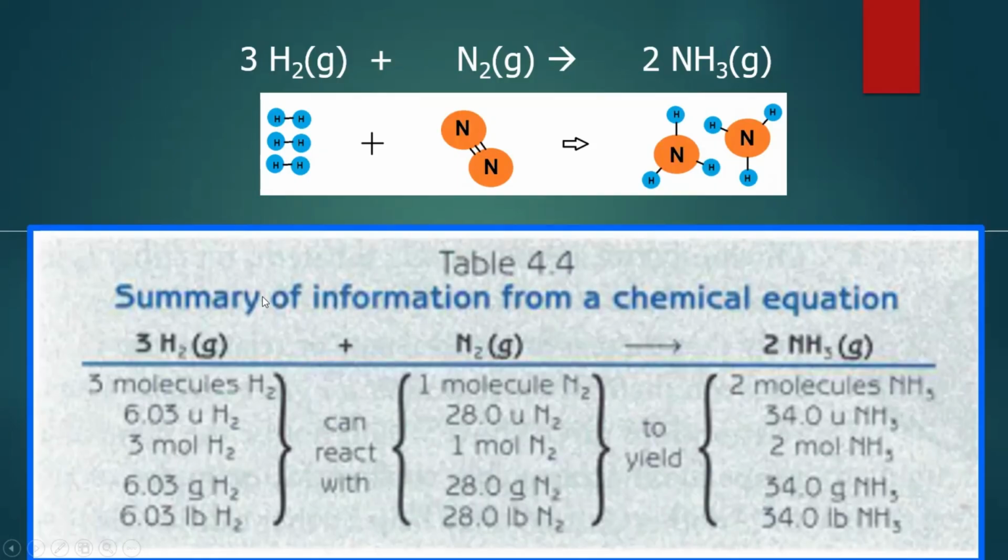Or it could be referring to molar values, and in grams. So 6.03 grams. If you add up the molar masses of hydrogen, each hydrogen gas molecule would be 2.016 and multiply that by 3 and it's 6.03.